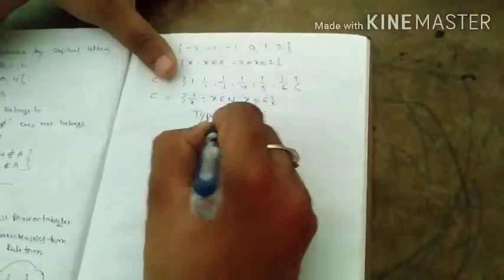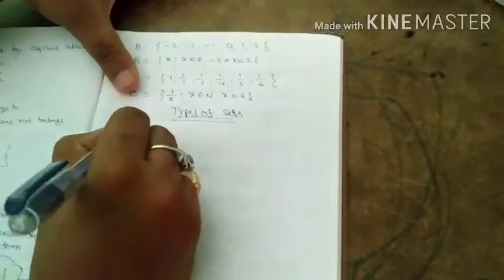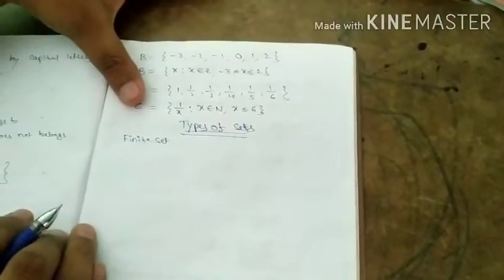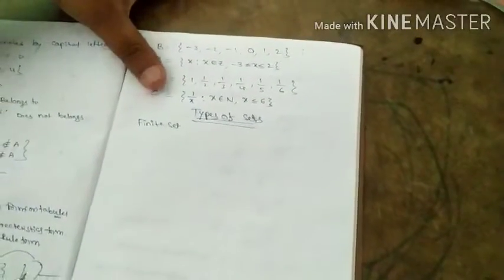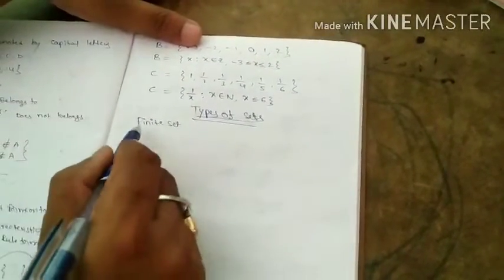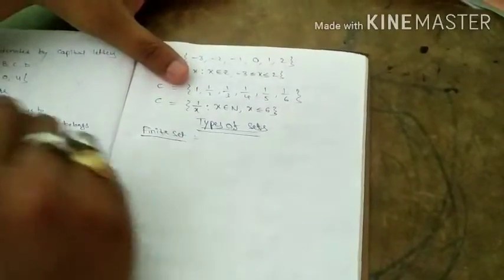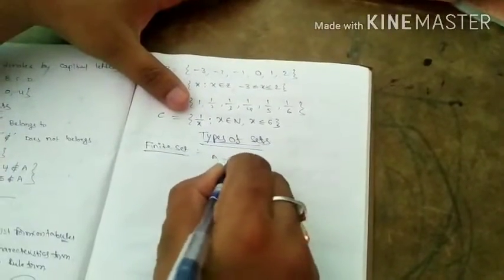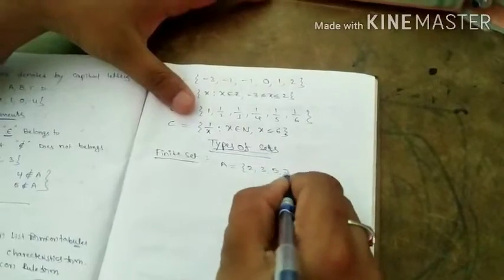Types of sets. First, finite set. If a set contains countable elements, for example, A is equal to {2, 3, 5, 7}.